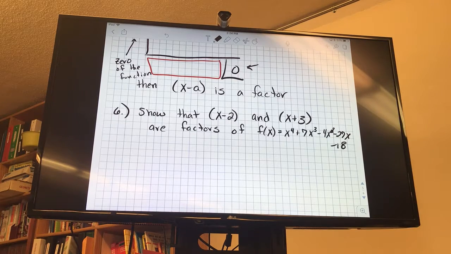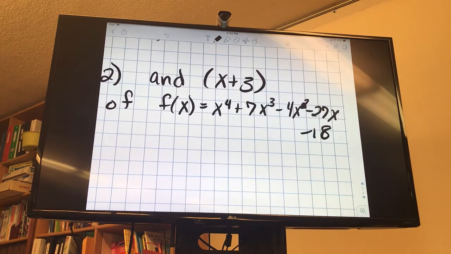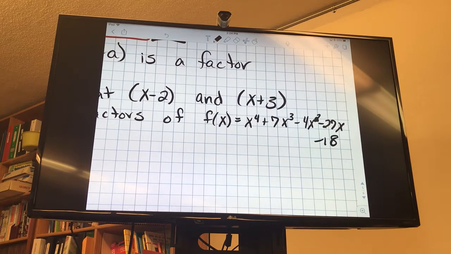This is on page 121 in our book, example 6.